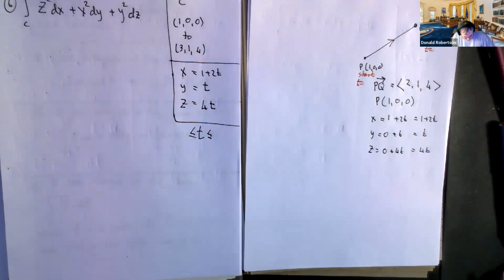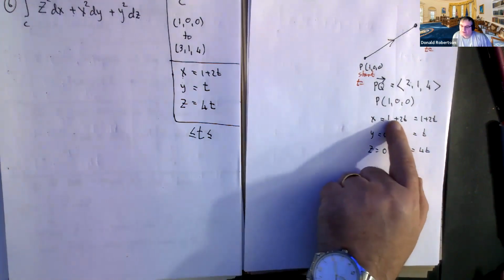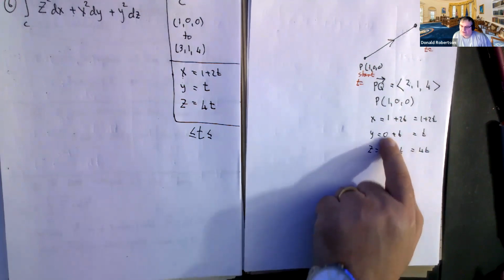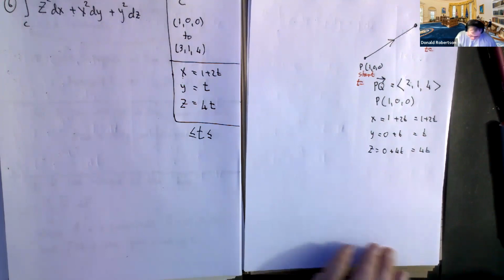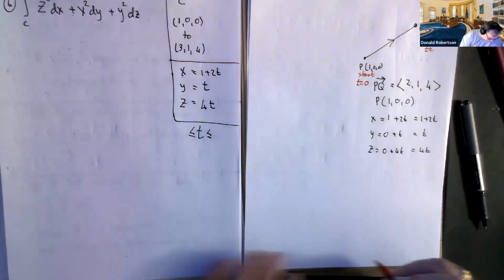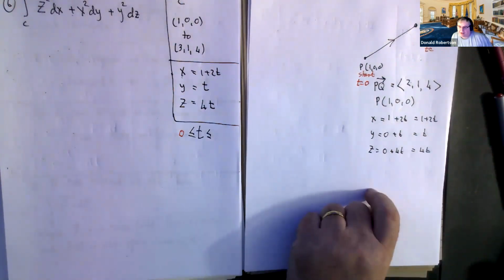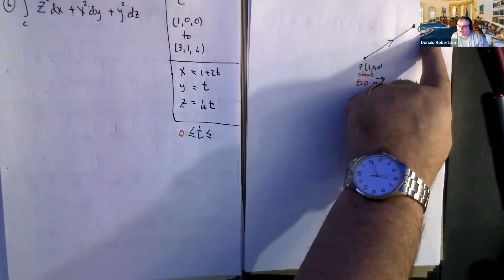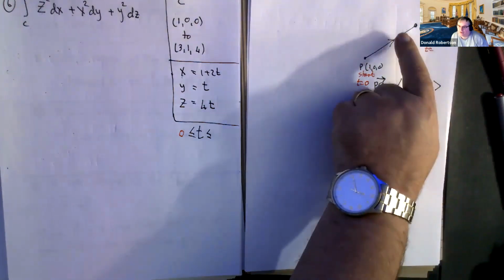So let's suppose I wanted this guy. Looking at this equation here, would you agree t equals 0 gets you the guy? So that's the easy one, because it's always going to be t equals 0. What's going to be a bit harder is to find out who that guy is, right? You see it goes 3, 1, 4.